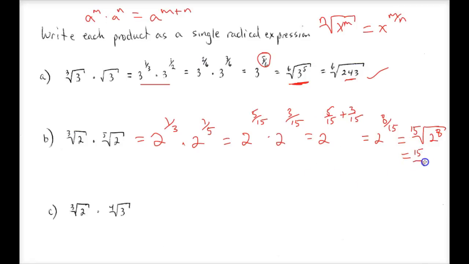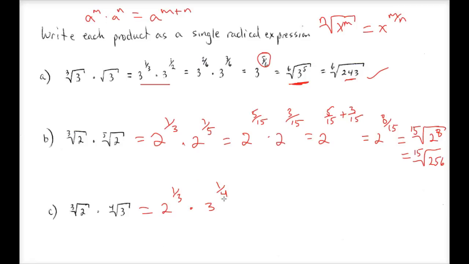So from there we have the 15th root of 256. Right, so for our next example here, we'll take cube root of 2, write it as 2 raised to the 1/3, 4th root of 3, 3 raised to the 1/4.